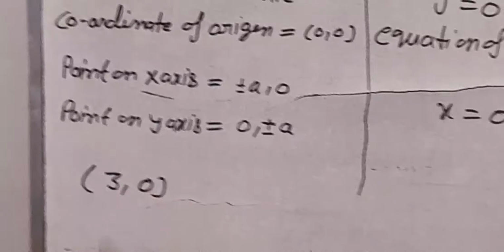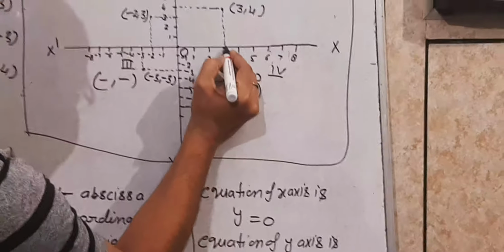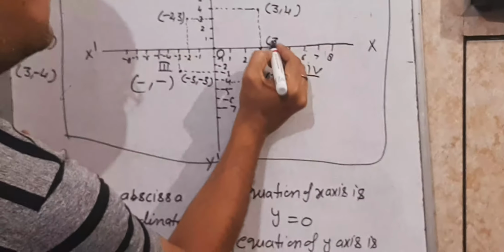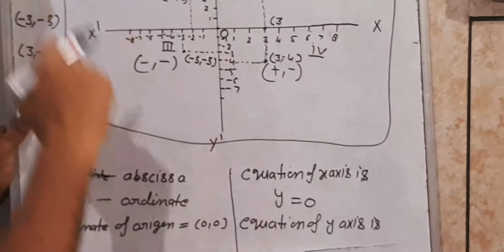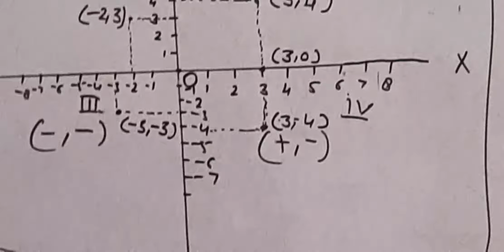Here x equal to 3 and y equal to 0. It will be located at x equal to 3, but y is 0 here, so that will be (3, 0). Understood?